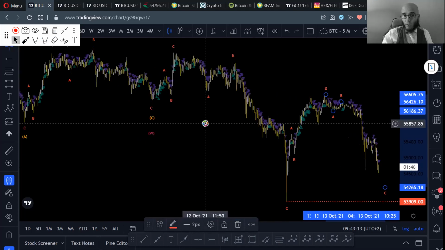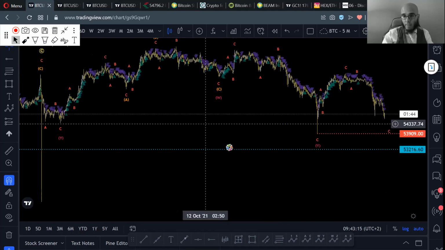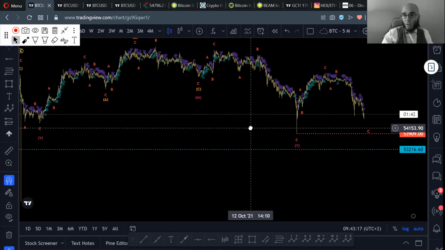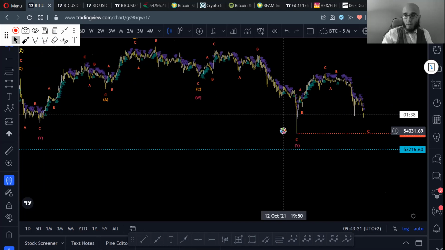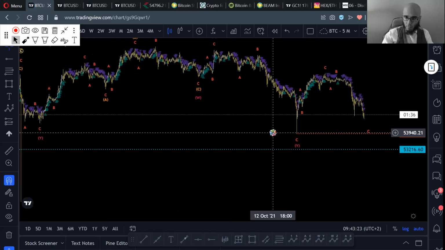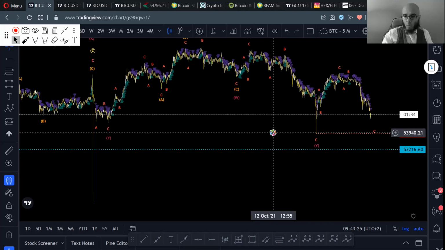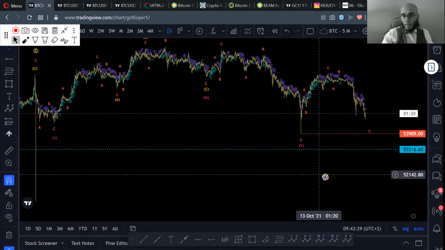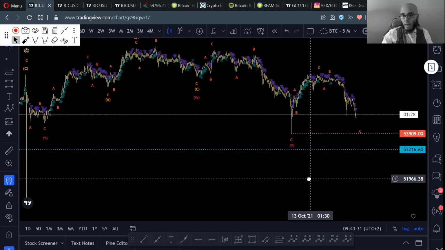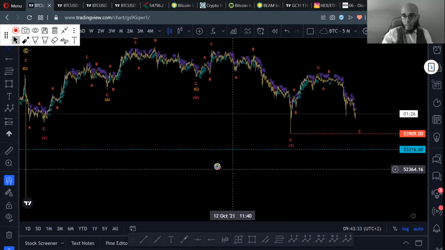But I don't know which one is correct and which one is happening. So for now, I'm going with the corrective labeling, and I'll tell you tomorrow if the corrective labeling is the correct one or if I switch to the bullish labeling, the impulsive labeling.